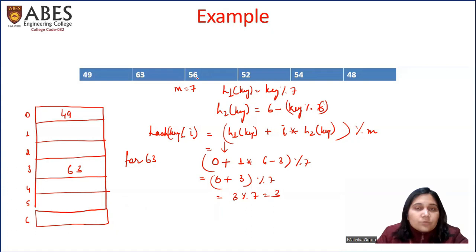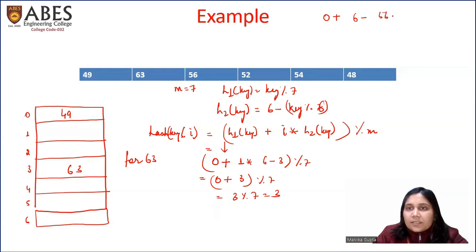So let's take the next value, 56. 56 mod 7 is again 0, so I cannot put this value over here. Again I search: h1 is 0. Now 6 minus, because this position is occupied, I have 6 empty slots remaining. I have nothing to care about this particular block. For me, after the 0th position, the rest of the blocks are empty.